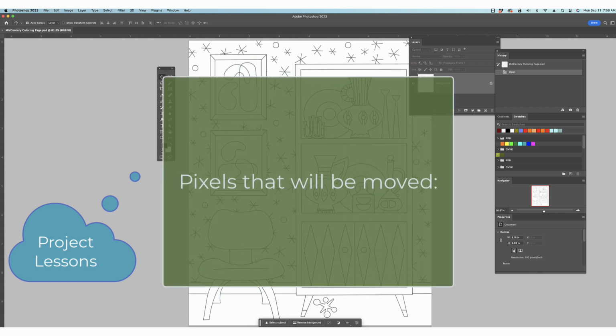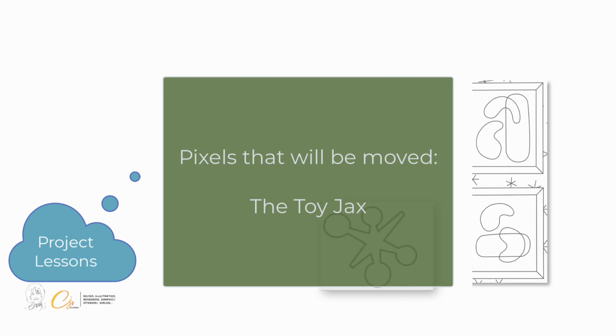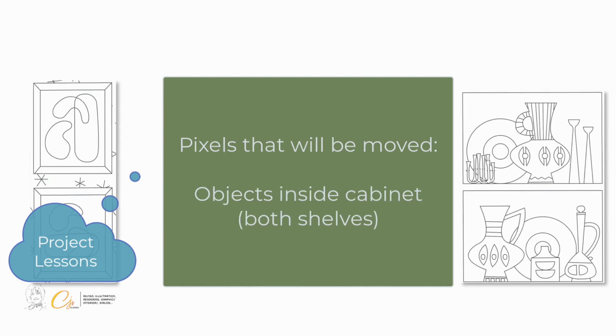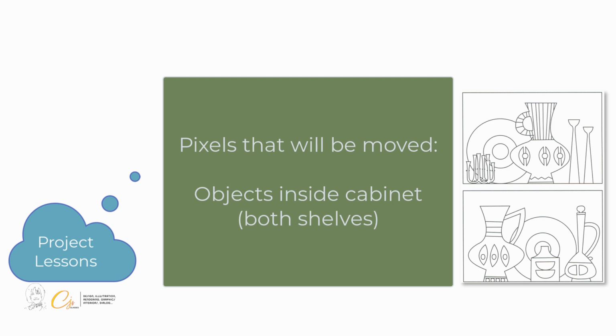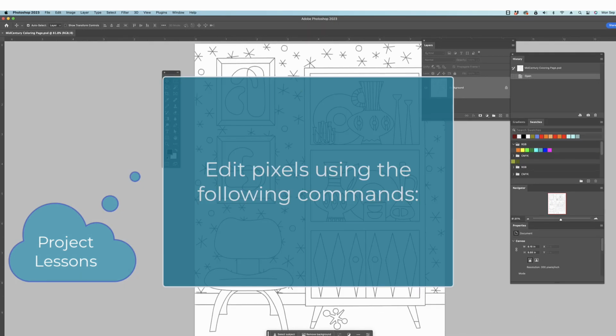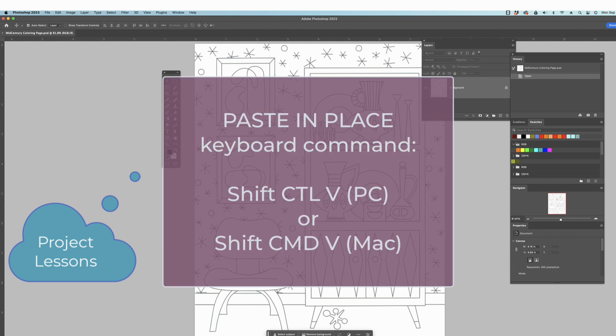Pixels that will need to be removed from the original background layer include the toy jacks, the 2 framed pieces of artwork, the objects inside the interior of the cabinet on both shelves. We will edit the pixels from the original background layer using the Cut command, and then move them to a new layer using the Paste command.